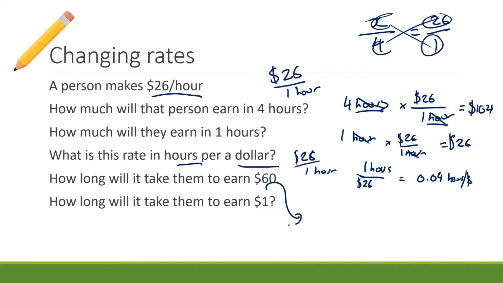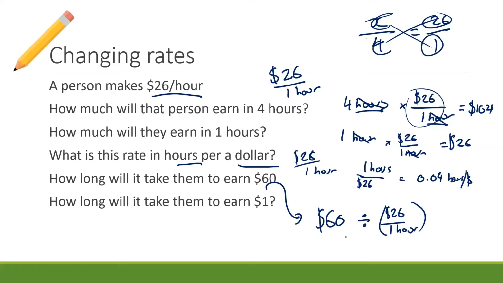If I give them $60, how is it going to work here? Well, this is a bit different. You want to know how many $26 fit into 60. So instead of multiplying by 26, you're going to divide by $26 for 1 hour, because you want to know how many of these $26 fit into 60.